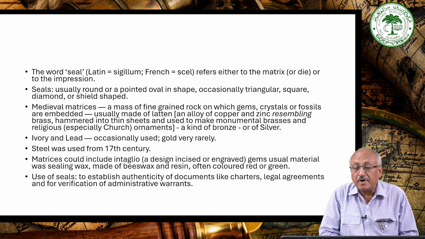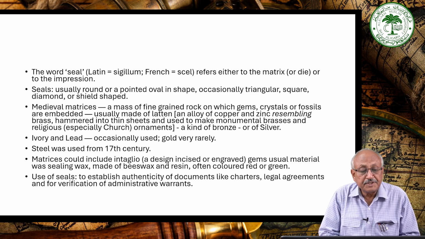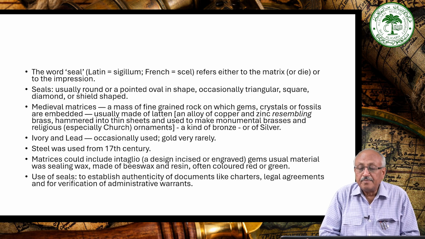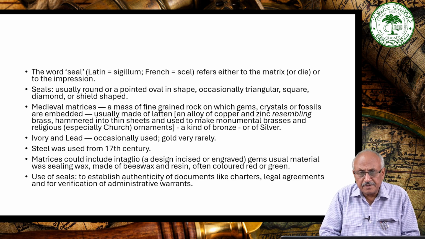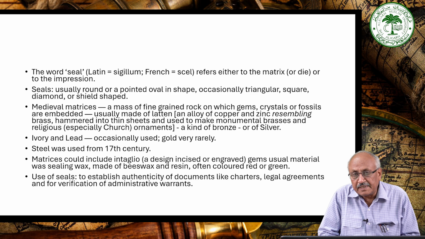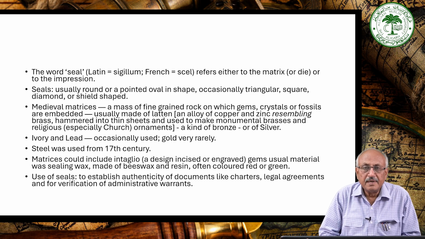Latten is an alloy of copper and zinc resembling brass, hammered into thin sheets and used to make monumental brasses and religious, especially church, ornaments, a kind of bronze or of silver. Ivory and lead were occasionally used, gold very rarely used for sealing. Steel also occurs, but quite late, from the early 17th century AD onwards.